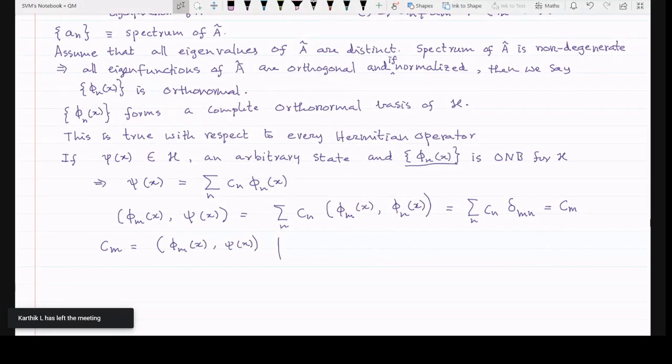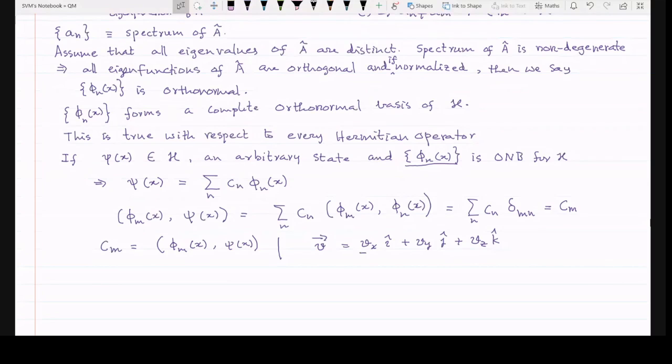For example, suppose you have a vector v, which is vx times i cap plus vy times j cap plus vz times k cap. Vx, Vy, and Vz are components. Suppose I want Vx. How do I get Vx? I take i dot V. That will be my Vx.